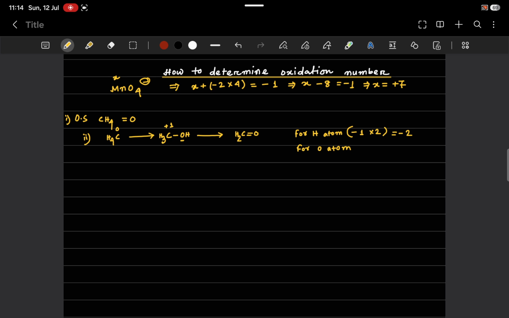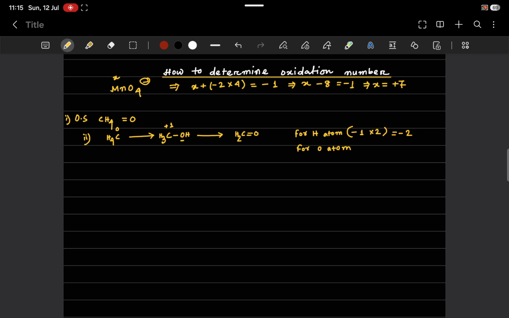That is very simple. The oxidation state over the carbon atom in formaldehyde will be +1.